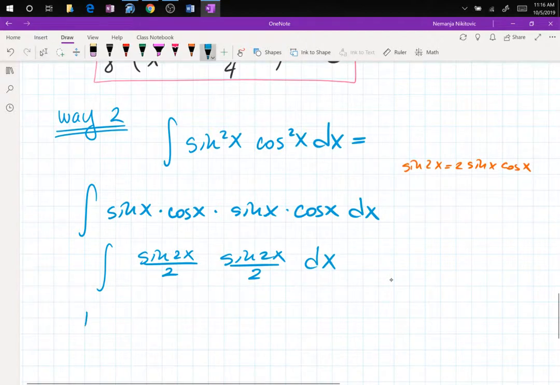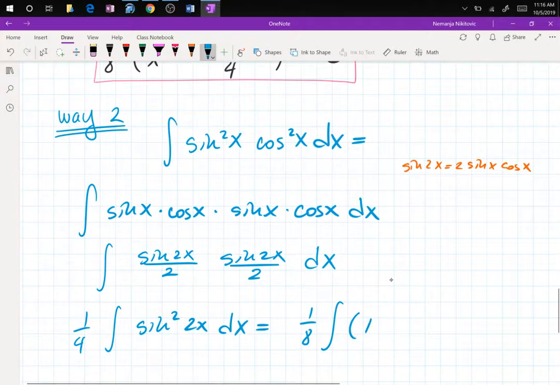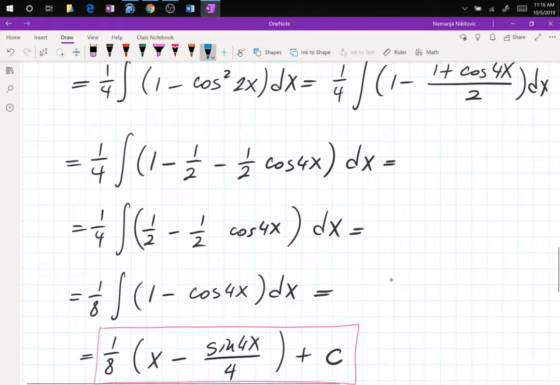And you kick out a quarter and you get sine squared 2x dx, and you have to use power reducing only once. When you use power reducing only once, this becomes 1/8 integral of 1 minus cosine 4x dx, which is exactly where we were here.